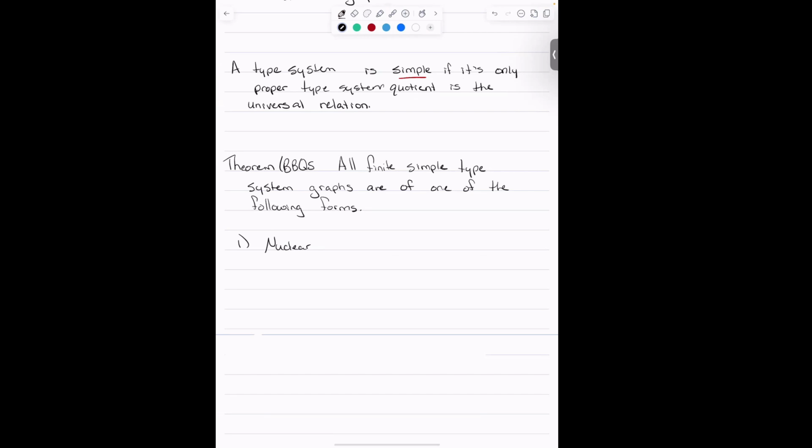What nuclear means, again, I'm always going to have this distinguished root vertex, and I have some paths coming out of my root vertex. But after some fixed finite amount of time, I end up in some portion of the graph that is highly connected.